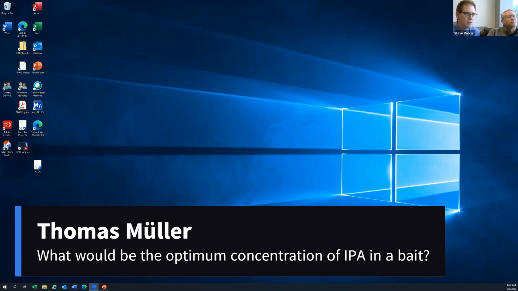So that's a very good question. The question is, what would the optimum concentration of IPA be in a bait? That will be, I think, also species specific in some regards, based on some of the retention times. In our mongoose study, we went with 2.8 milligrams in our field trial, and we had excellent marking ability.